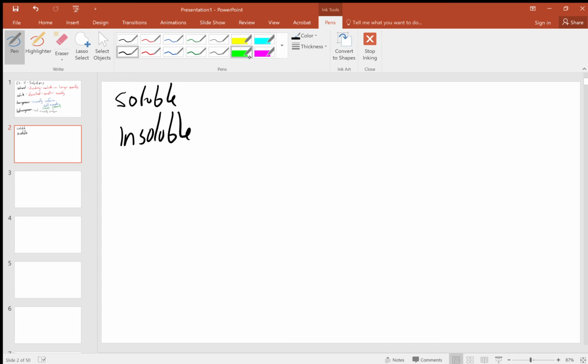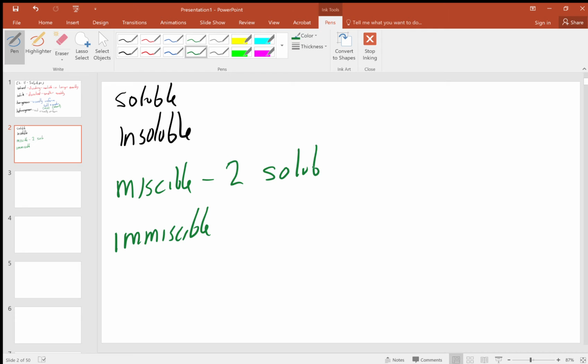But we also sometimes use the terms miscible and immiscible. These are similar terms, but they have to do primarily with liquids. Miscible refers to two liquids that are soluble with each other, whereas immiscible refers to two insoluble liquids.